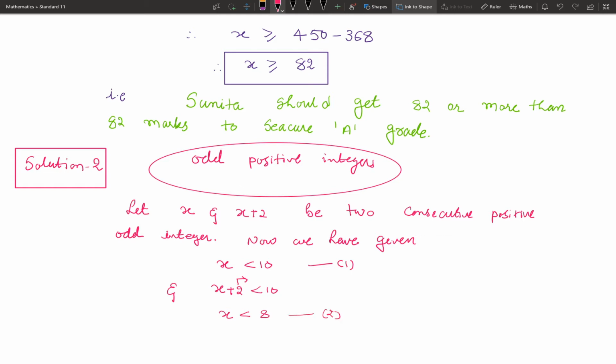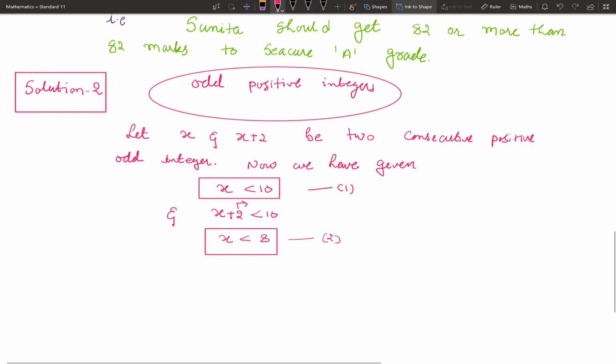Now if you read these two simultaneously, x less than 8 and x less than 10, that is the intersection.